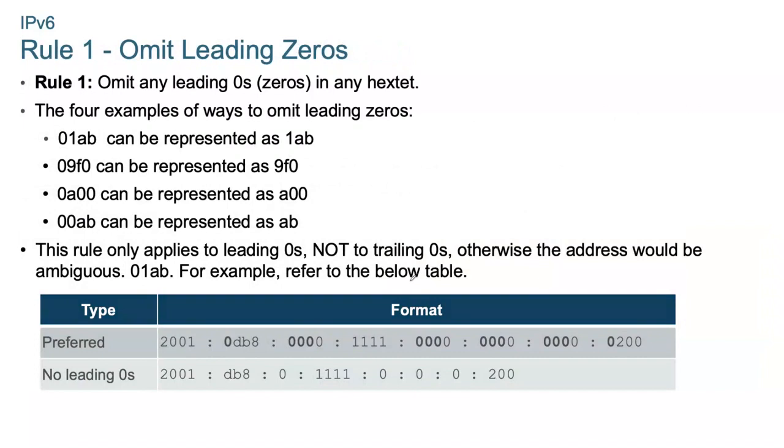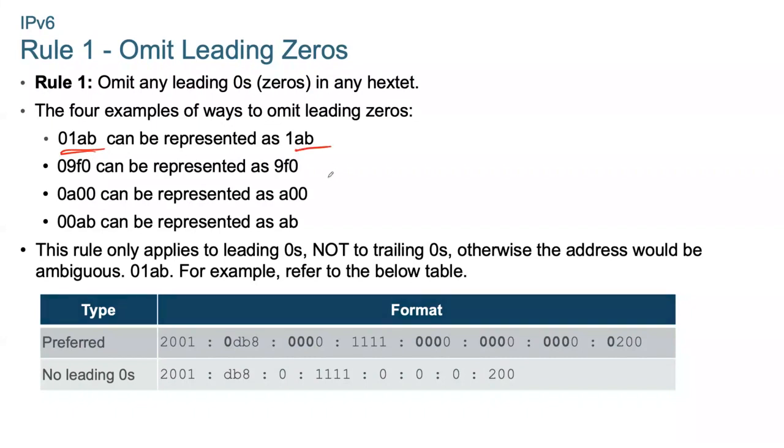There are certain rules associated with IPv6. Rule 1 is to omit the leading zeros in the hexadecimal format. For example, a way to omit leading zeros is 01AB, which can be represented as 1AB.